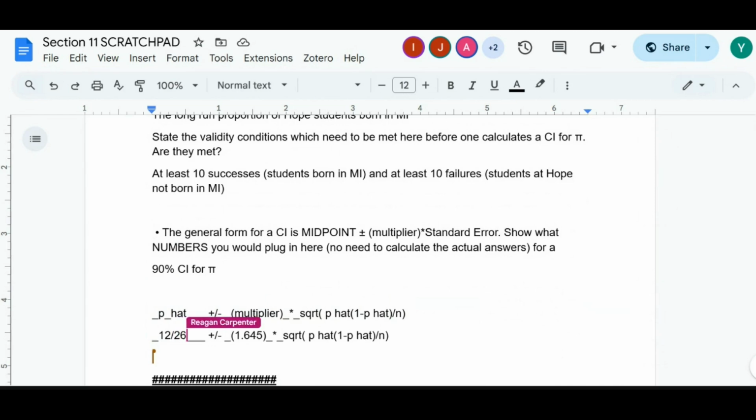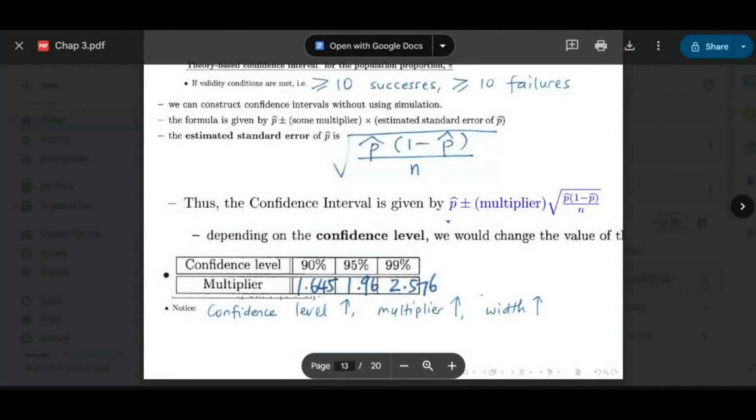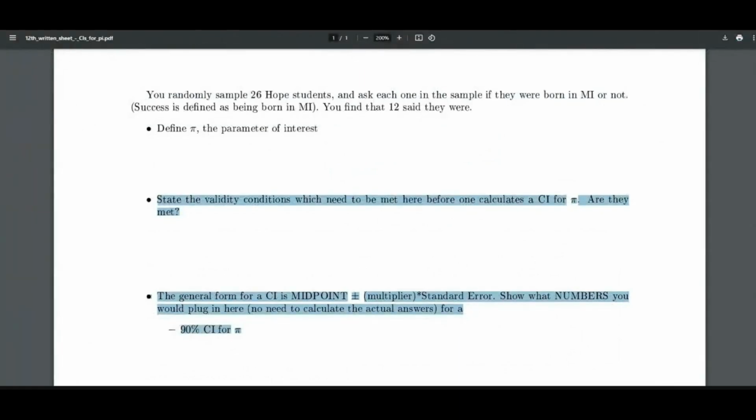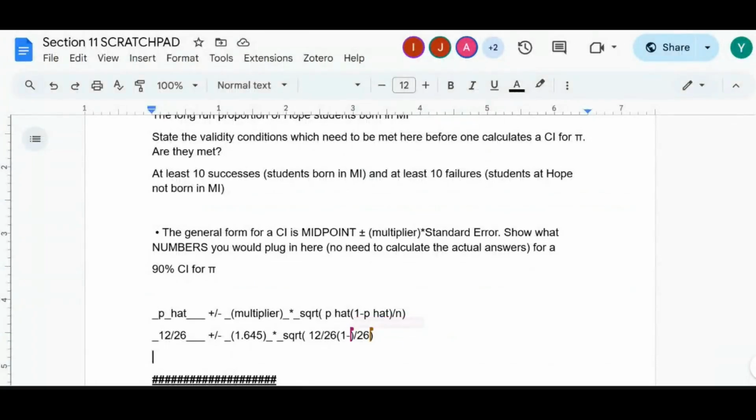The chart is, see, 1.645. Excellent. Were there 12 people out of 26 that were born in Michigan in our sample? That's peanuts.